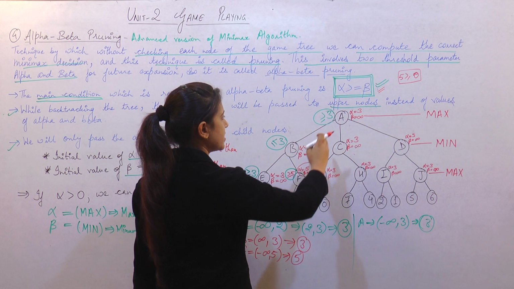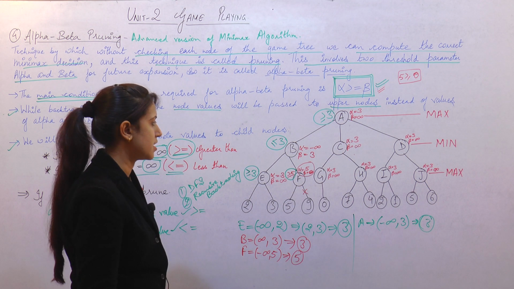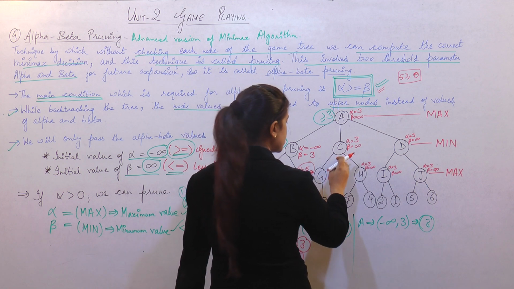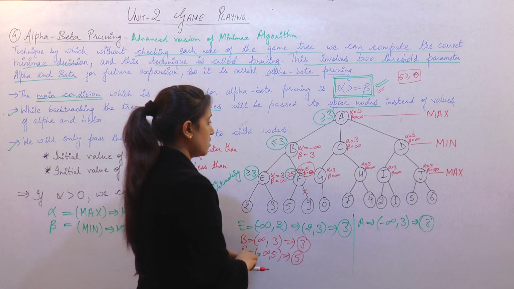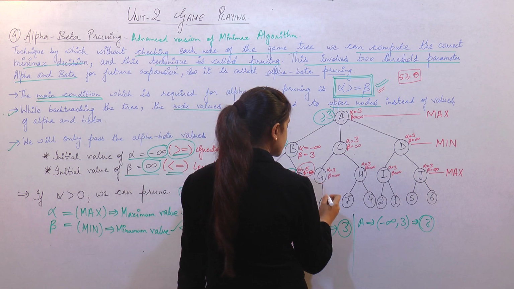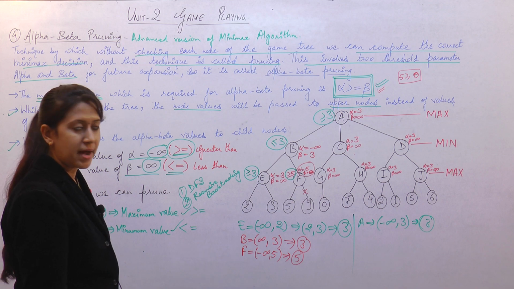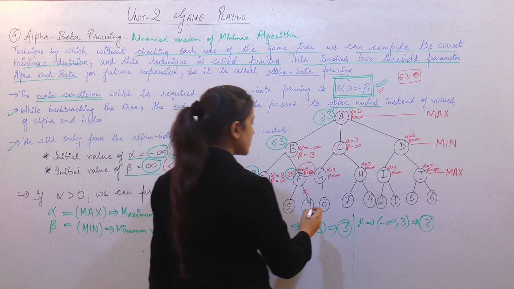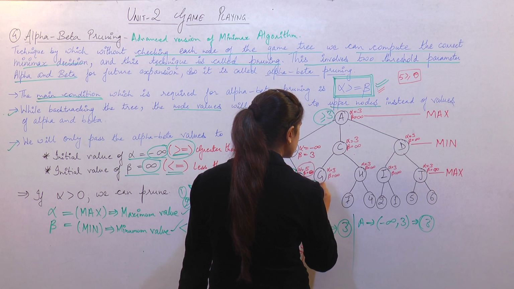Now after calculating the value at node A, we will come towards node C. From node C we will get back to node G. For calculating the value at node G, we have only one value: 0 is compared with minus infinity, so 0 is greater than minus infinity, so the value at node G will be greater than or equal to 0.